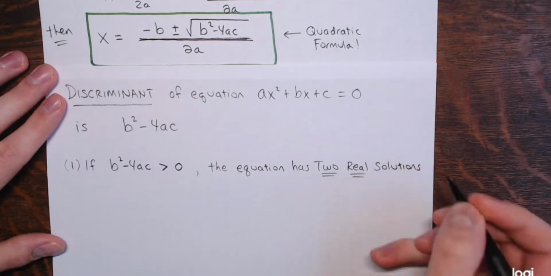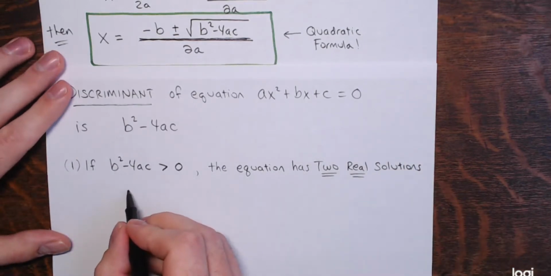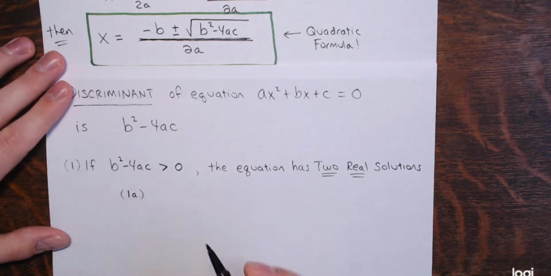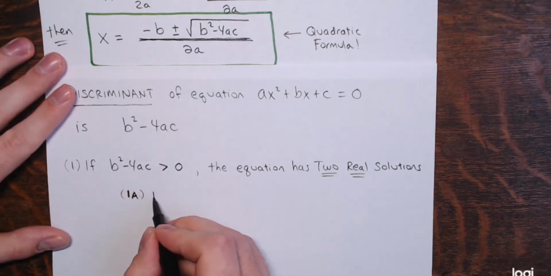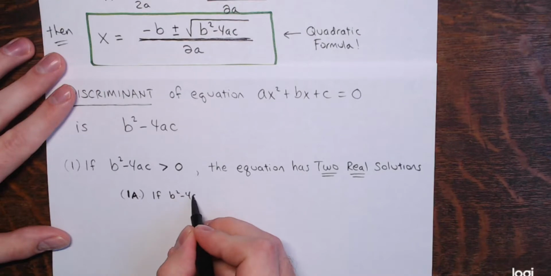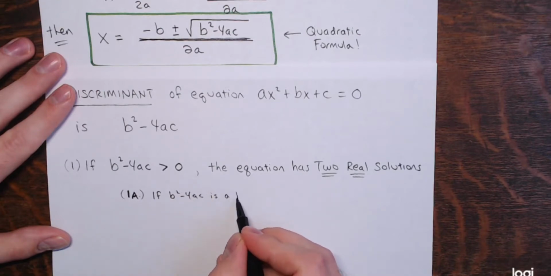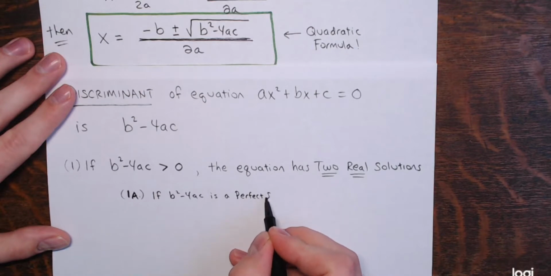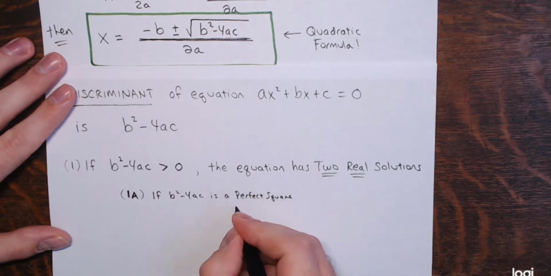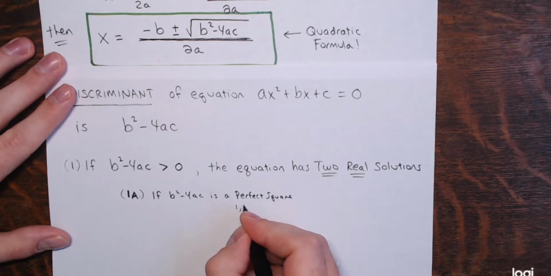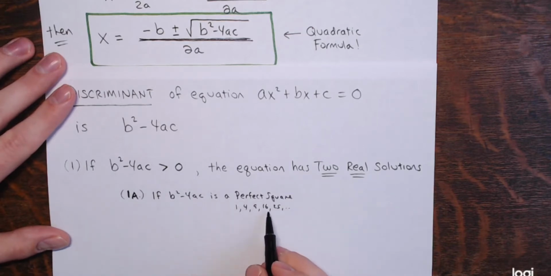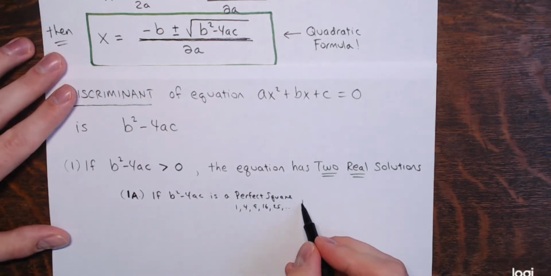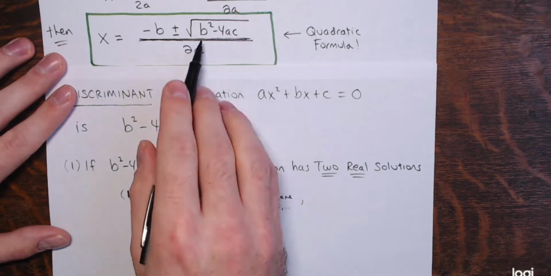Now we can break this down even further. Let me call this 1A. If b squared minus 4ac is a perfect square, and by perfect square I mean 1, 4, 9, 16, 25, etc., 1 squared, 2 squared, 3 squared, 4 squared, 5 squared, and so on, or even a fraction, a rational number squared, then the equation will have two rational solutions.